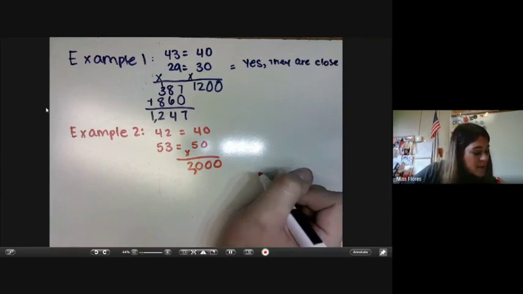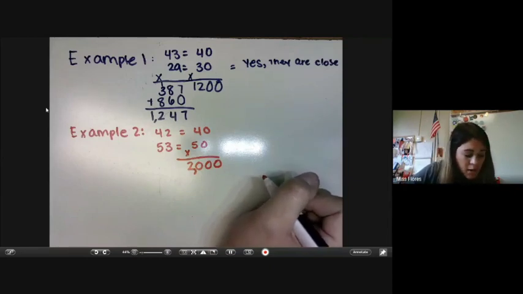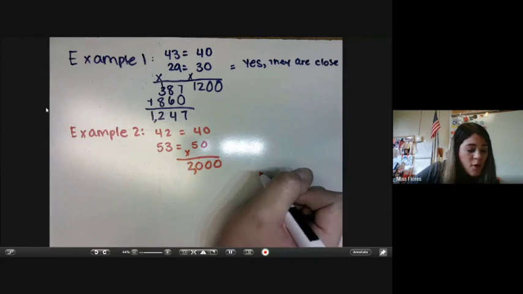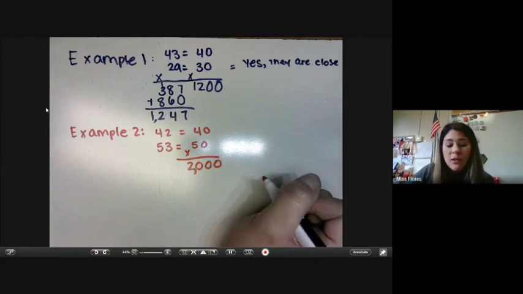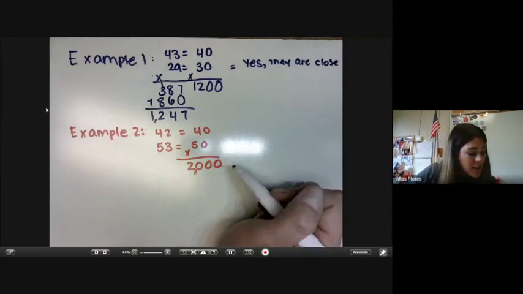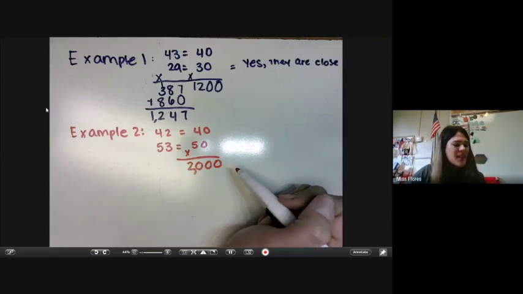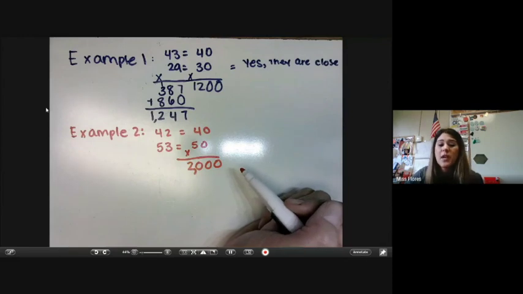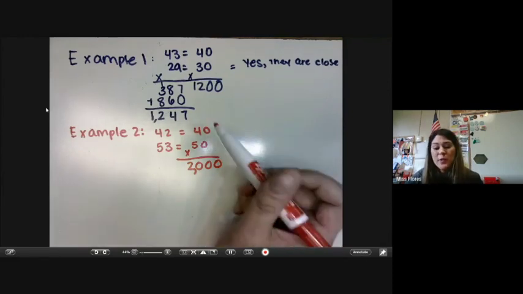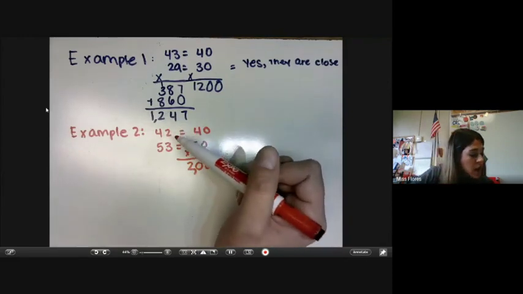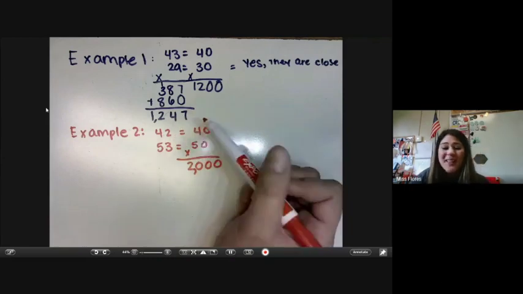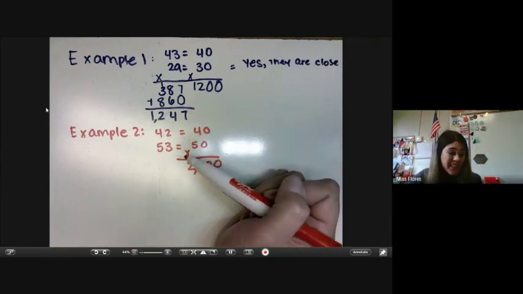So it says there are about 2,000 seats in the auditorium, so all the people with tickets should have a seat, okay? So then it says, how can we decide if the estimate is reasonable, okay? We can decide where we can work out the whole thing, okay? Since it was rounded down, it might be a little bit lower than what they need.